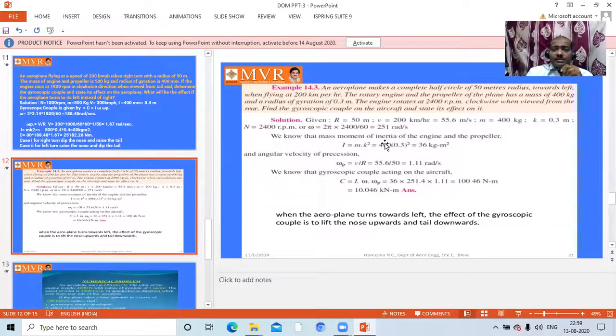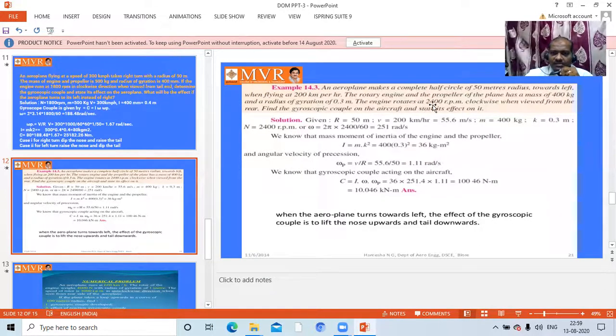Next, it is a similar problem, but we are going to change the values. Here the aeroplane makes a complete half circle of 50 meters radius towards the left when flying at 200 kilometers per hour. The rotary engine and the propeller of the plane have a mass of 400 kg and a radius of gyration of 0.3 meters.